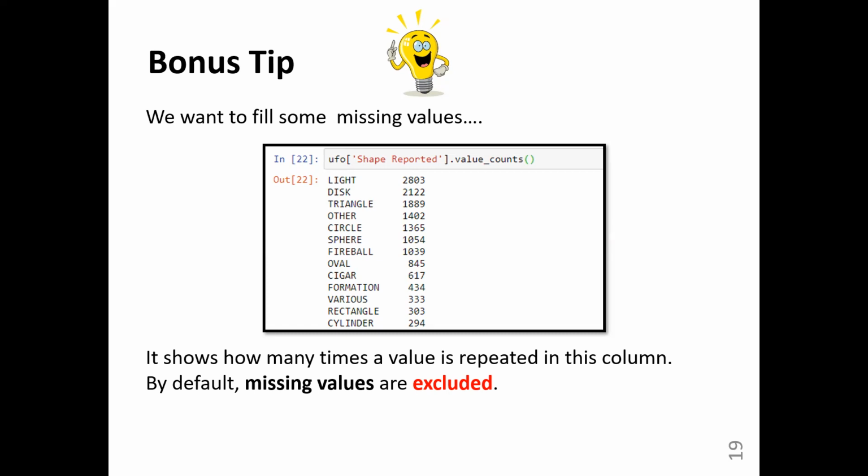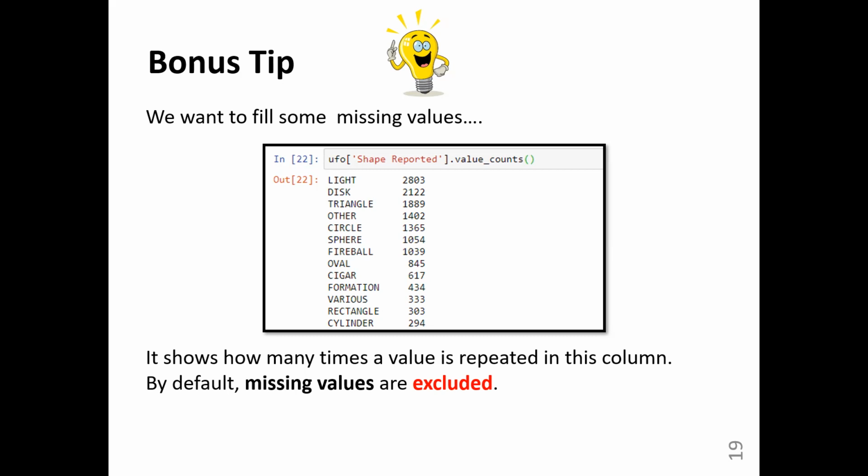So we say light, we have 2,800, and disk, and there are some funny shapes like cigar and so on. But if you sum them up, it's something like 15,000, not 18,000. Why? Yes? Some of them were missing, not reported. Excellent.